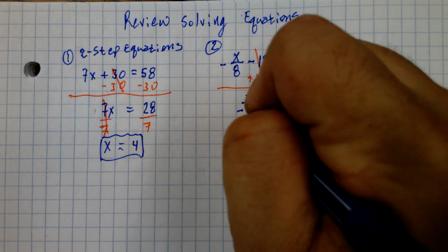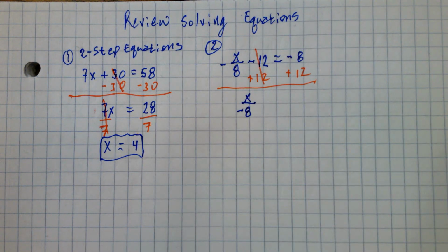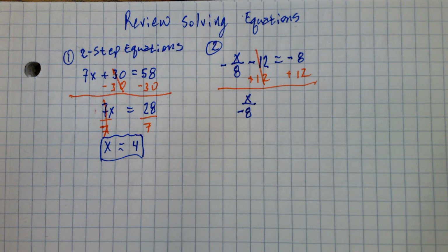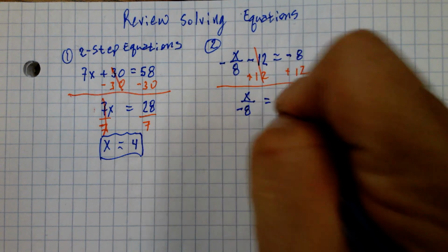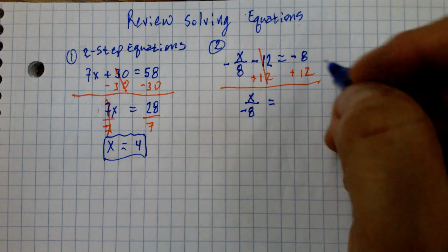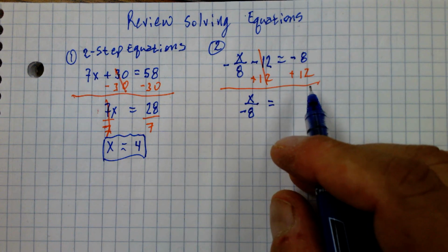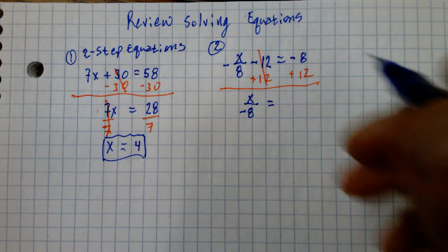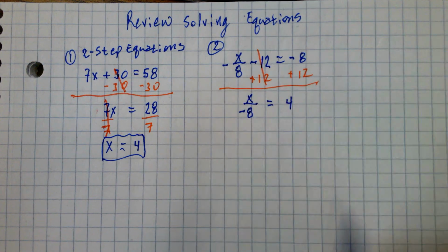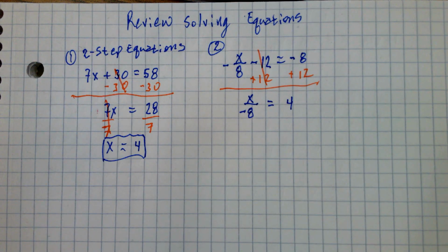I'm going to write it as x over negative 8. Doesn't matter where you put the x, or you can move it to wherever you want. I'll put it in the denominator. And this is going to give us negative 8 and positive 12. That's 4. Remember, you add and keep the sign of the greater number, so it's 4. So now, does anyone remember how we get rid of this negative 8? Yeah.